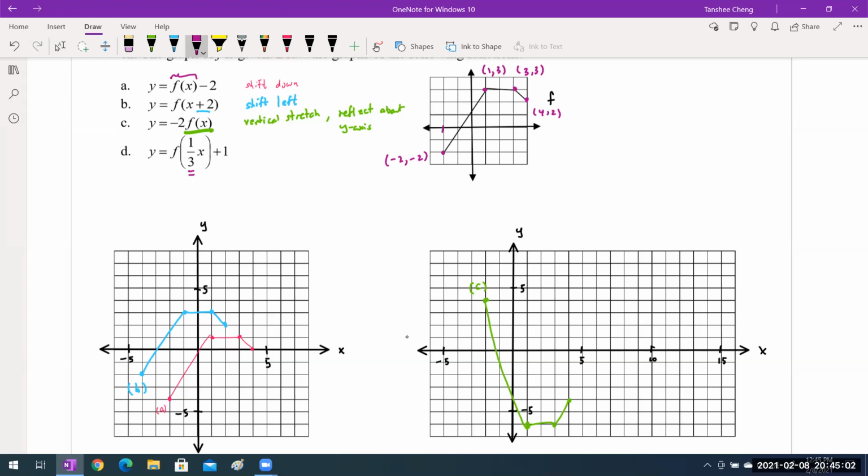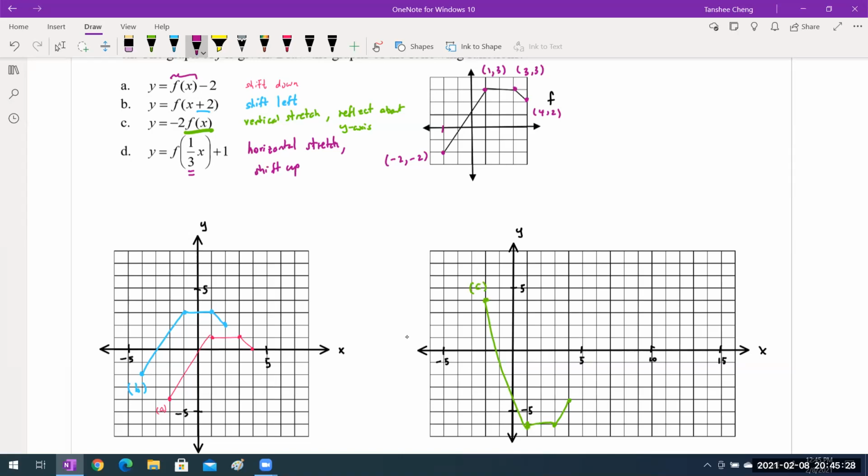So it will be stretching horizontally, right? And then it's going to be what? Add 1 to your entire y value, so it will shift up 1 unit.